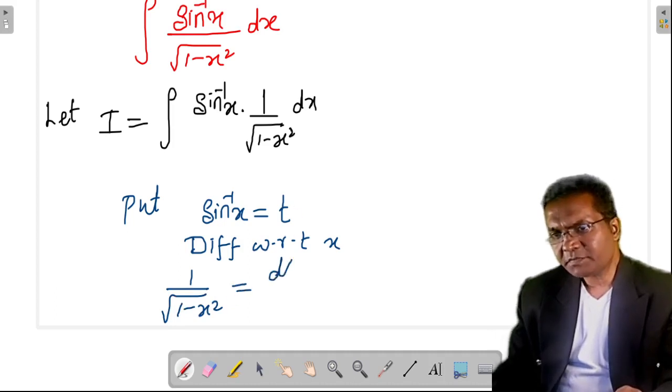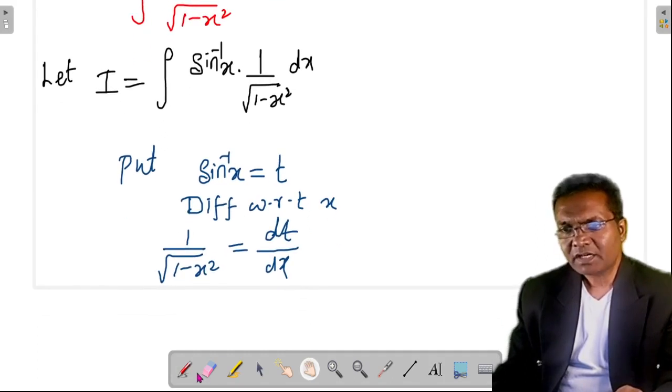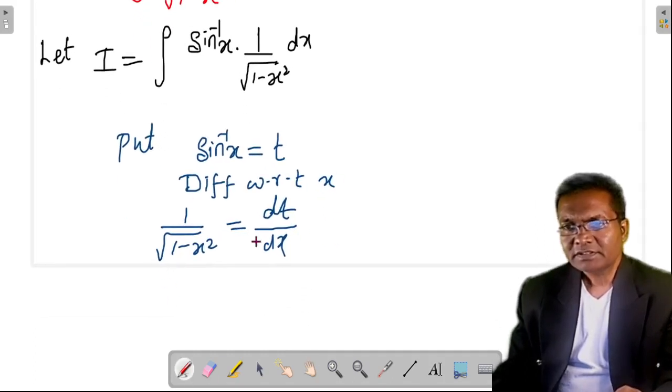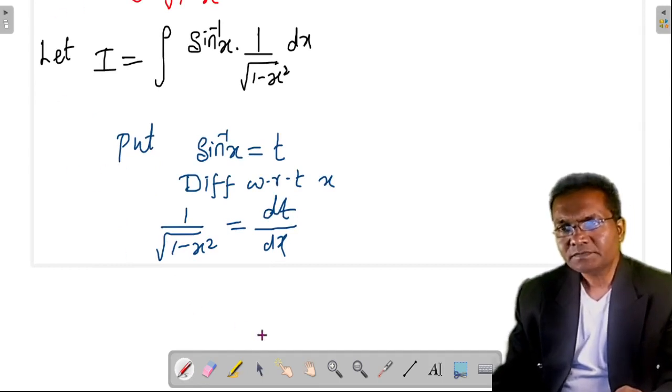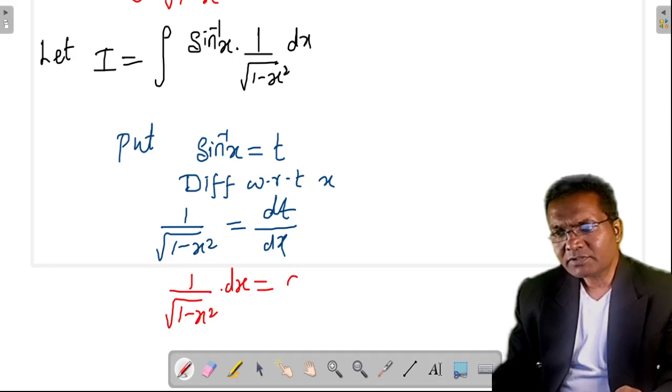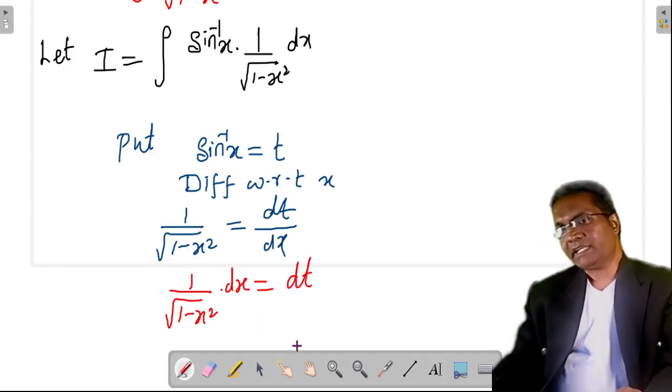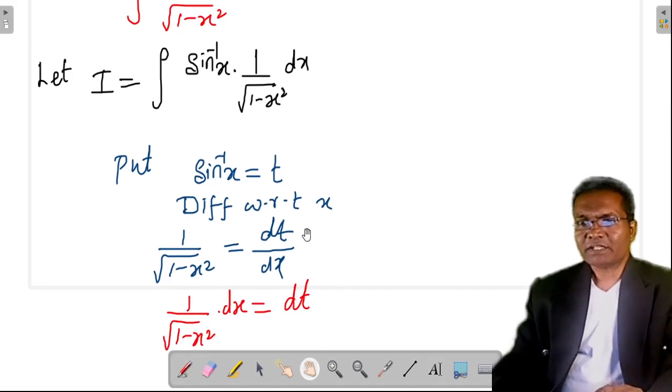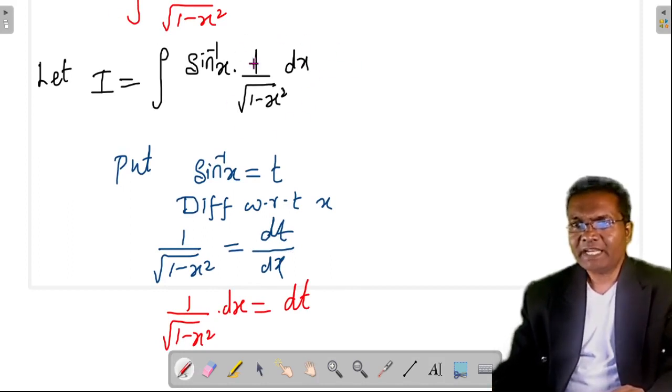The derivative of t with respect to x is dt by dx. Now cross multiply: bring this dx to this side, so 1 by under root 1 minus x square into dx equals dt. So this term is dt and this is your t. Now you got a very simple function.